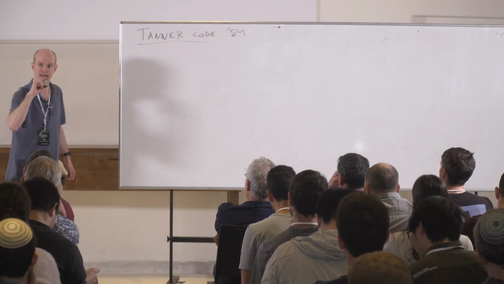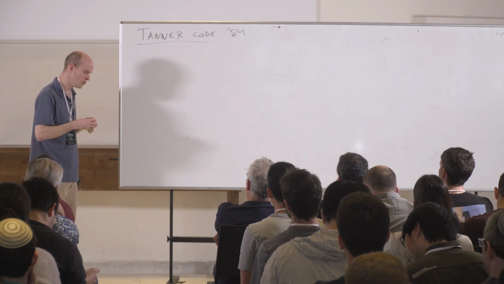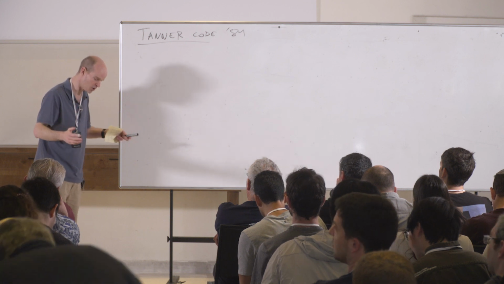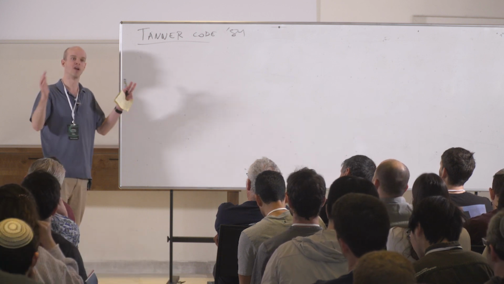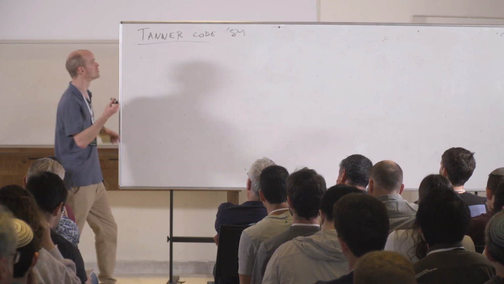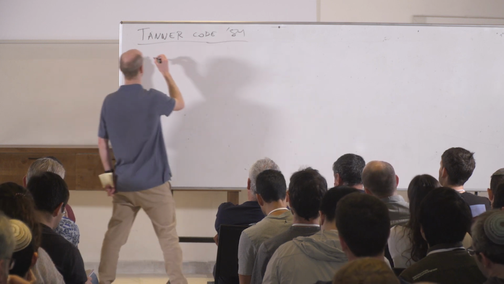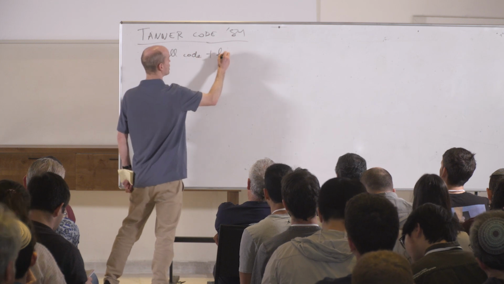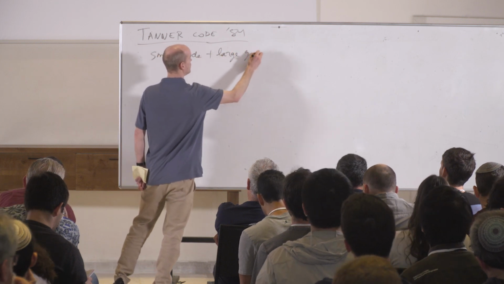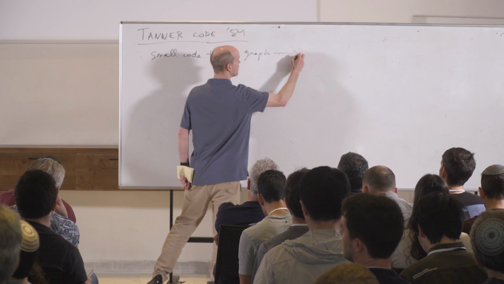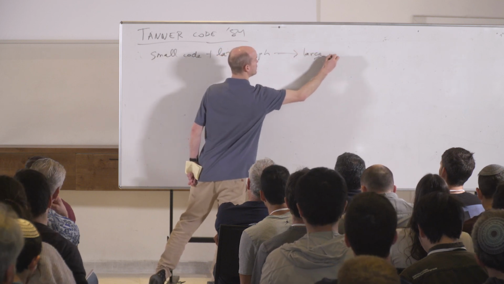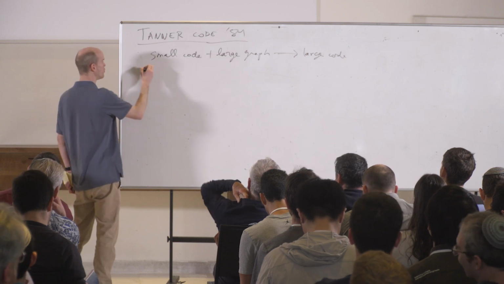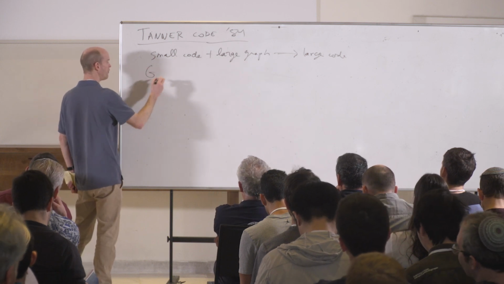So the idea is to define a classical code, a large one, from a large graph and a small code. So you have a small code plus a large graph, and it gives you a large code. So how do you do that? The idea is that we'll take some graph.